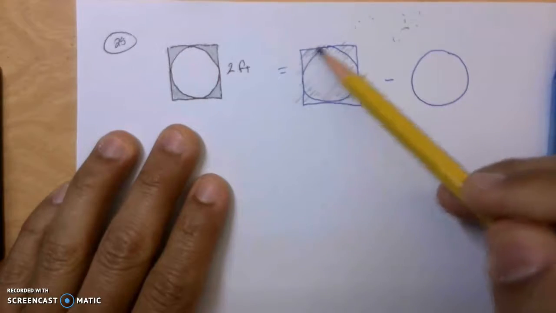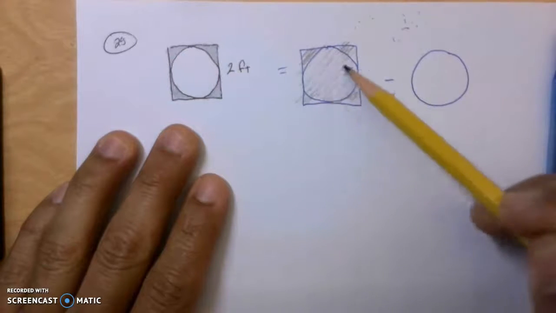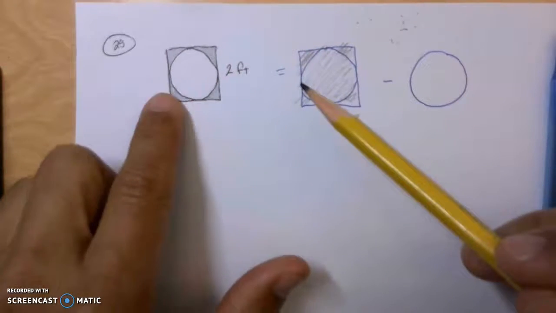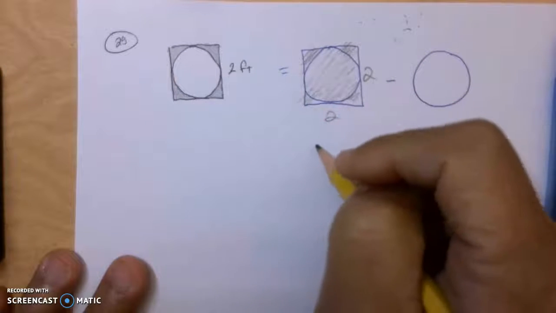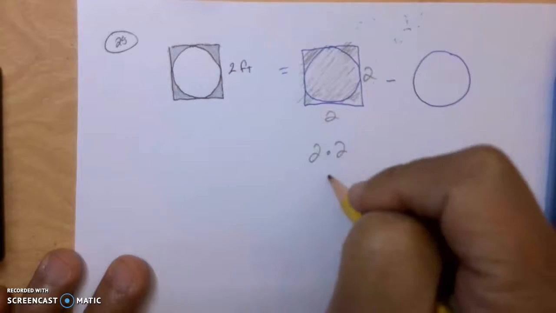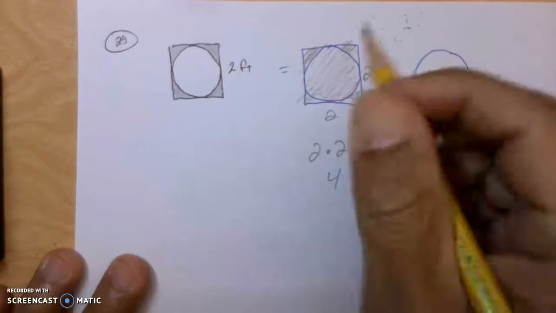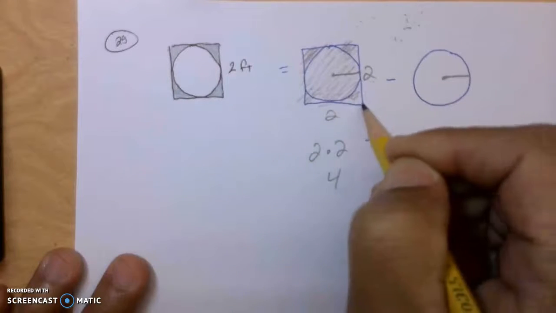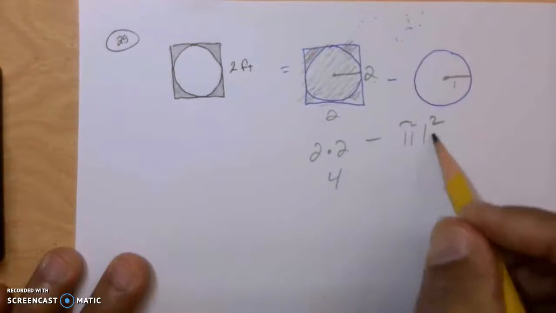So the key here is we're going to figure out the area of the entire square and then minus out the circle in the middle, and then you're left with just the four corners there. So this is a 2 by 2, so the area of the square is simply 2 times 2, which of course is 4. And then this has a radius of, from here to here, if it's 2 all the way across, this is a radius of 1, pi 1 squared, pi r squared.